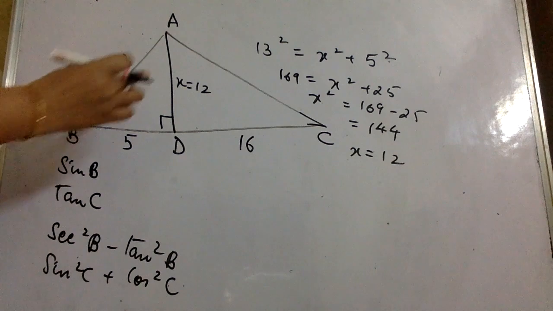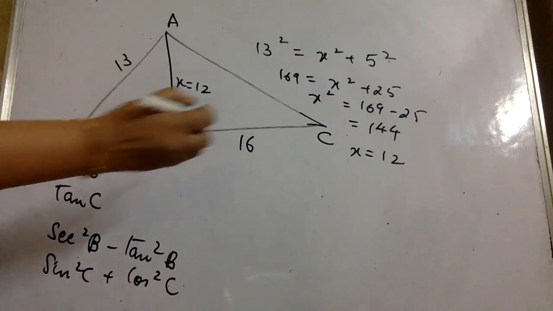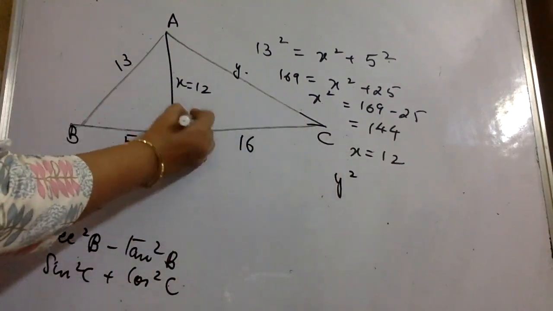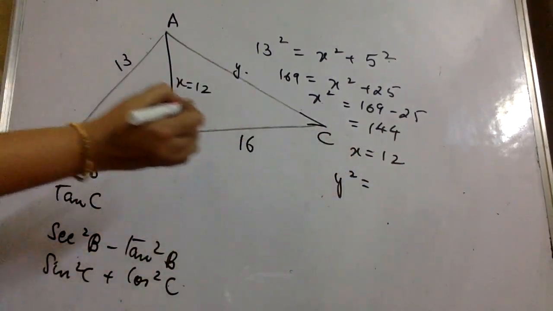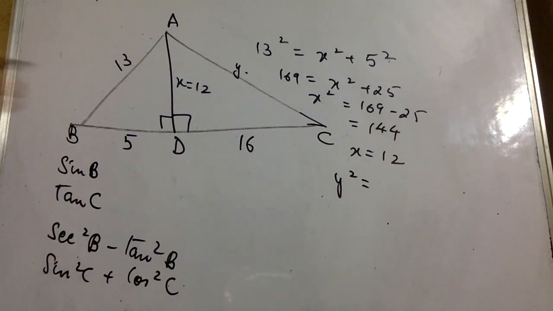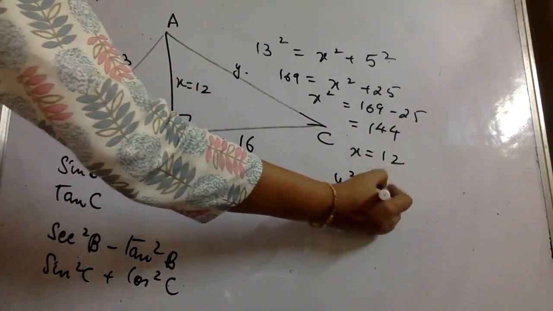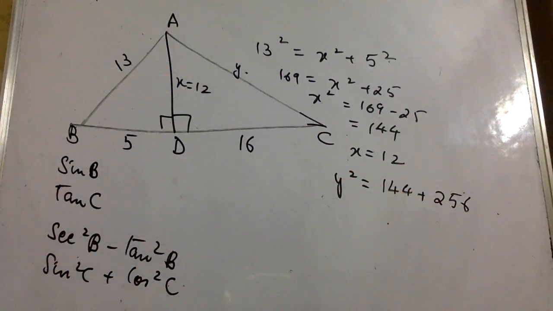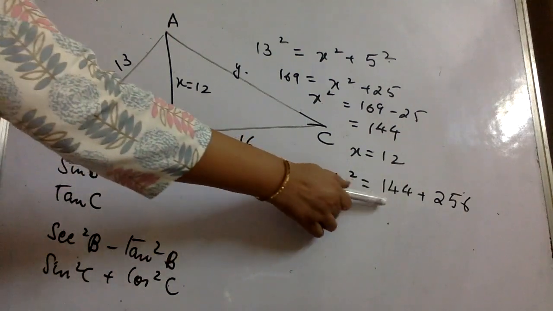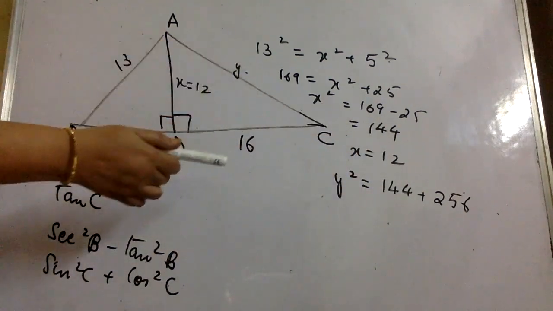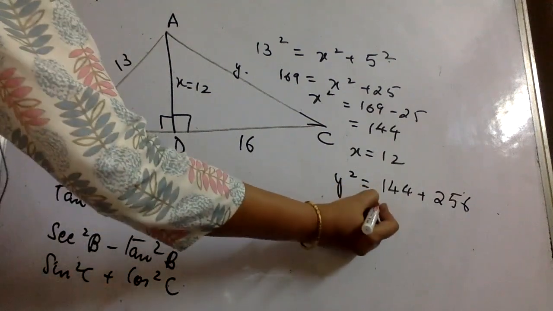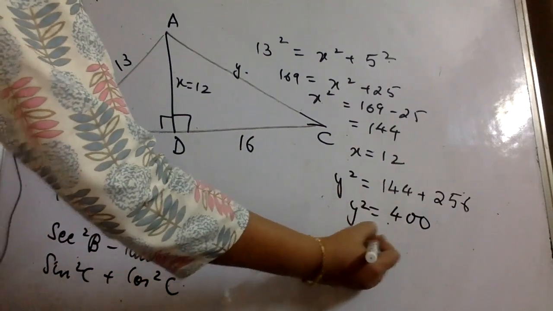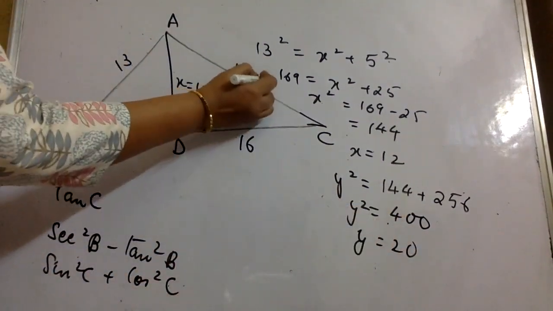Let me take this as y. y square, remember this is the hypotenuse now, y square is equal to 144 plus 256. And 144 plus 256, I can see that is equal to clearly 200. Sorry, 400, not 200. So y is 20, so this value is 20.